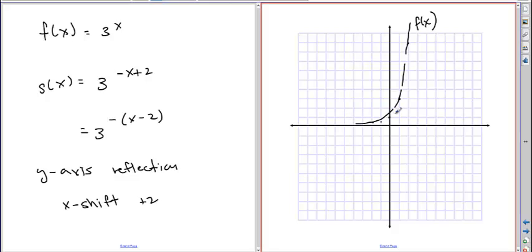Now, when we do a y-axis reflection, we're going to flip across the y-axis. But first we need to shift the x in the x direction plus 2 units. So we're going to have this vertical line shifted 2. And the horizontal just stays the same.